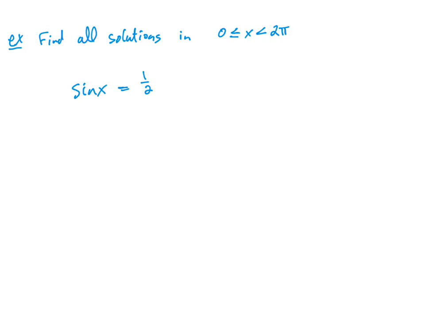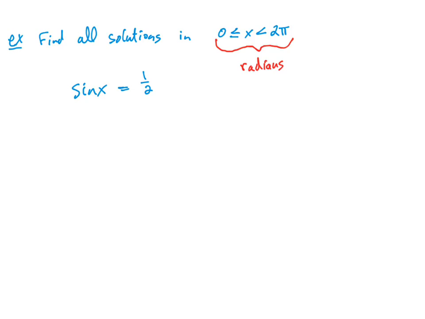The first one says, find all solutions in the interval 0 to 2 pi. Our equation is sine of x is equal to 1/2. Before we start solving this, let's talk about what some of this means. This interval, 0 to 2 pi, has endpoints in radians, so we want our answer to be in radians.